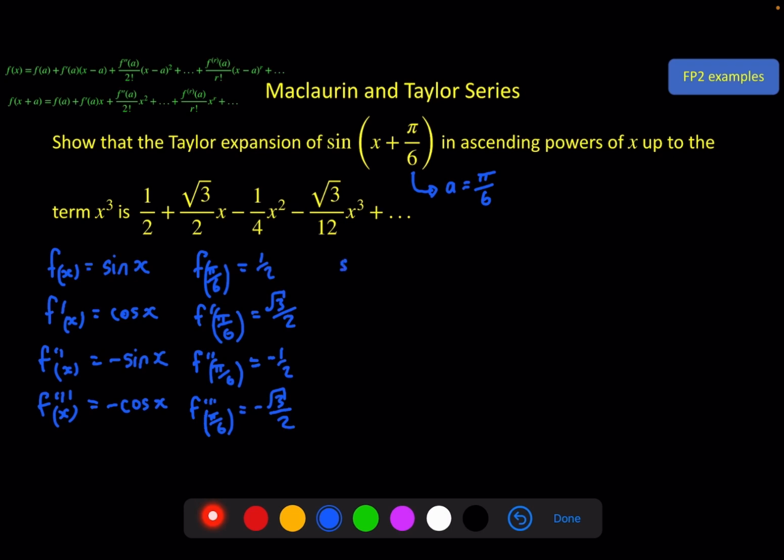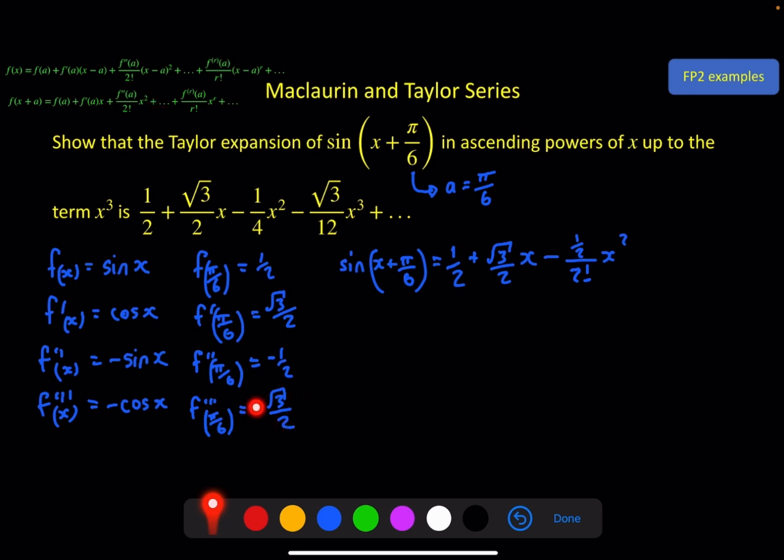So we've got sine of x plus pi by 6 is equal to the function evaluated at pi by 6, half, plus the derivative at pi by 6, root 3 over 2 times x, plus the second derivative at pi by 6, which is minus a half, divided by 2 factorial times x squared, and then the third one here would be the third derivative divided by 3 factorial times x cubed. And that's where we stop.